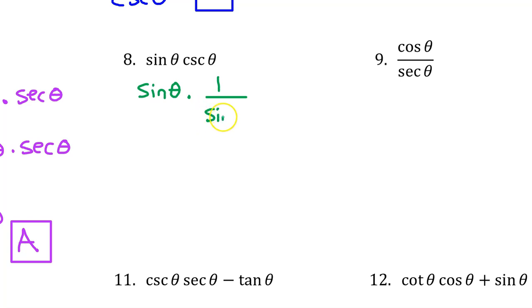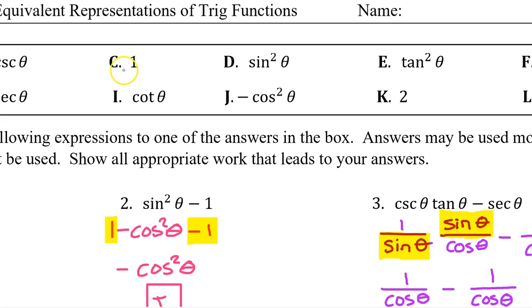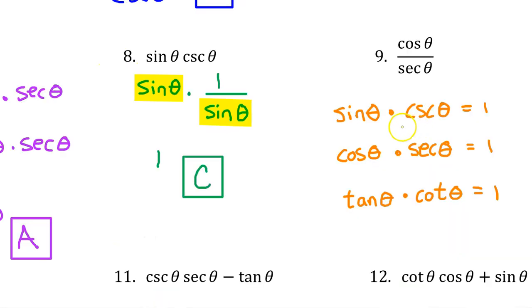And then you say, oh look, we have sine theta in the denominator and sine theta in the numerator. These cancel each other out and leave 1. So the answer is C. But again, a trig function times its reciprocal will always equal 1. So if you ever notice that you have a trig function times its reciprocal, it's okay to just go ahead and skip to putting 1.